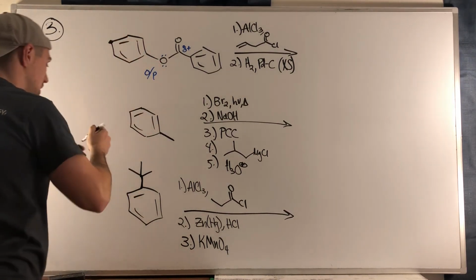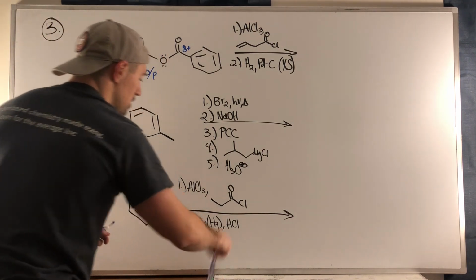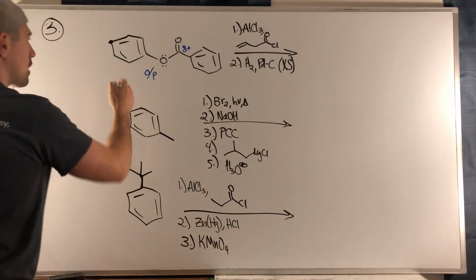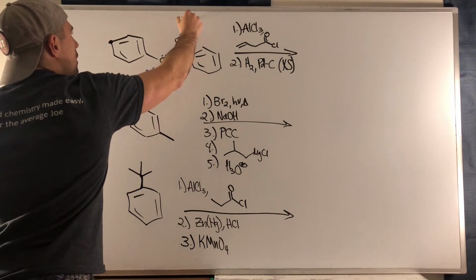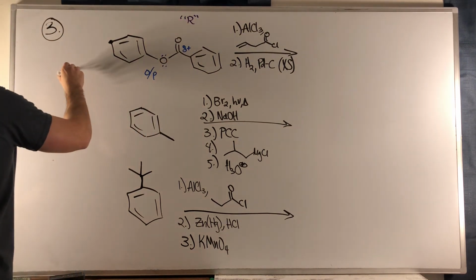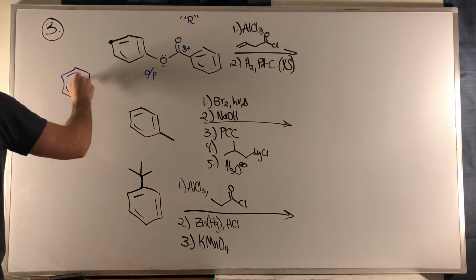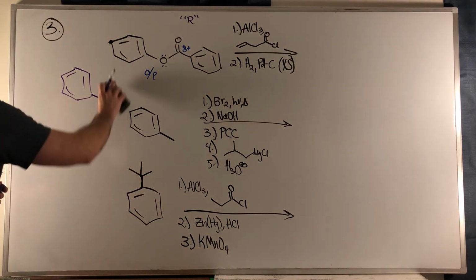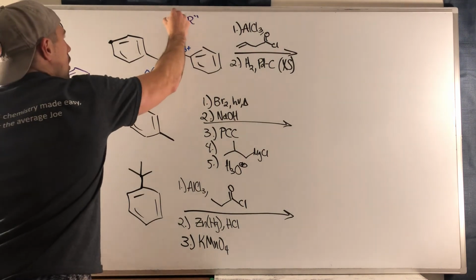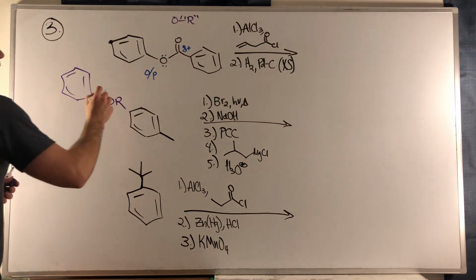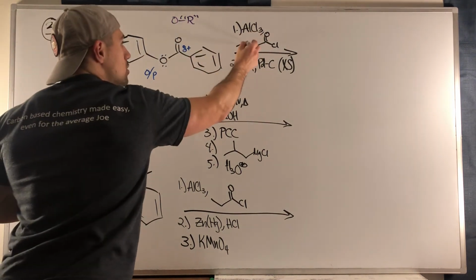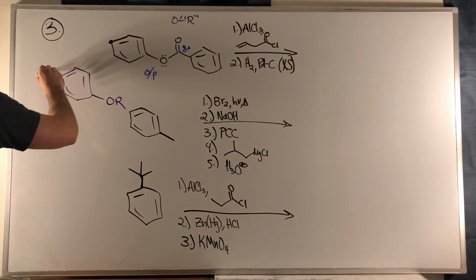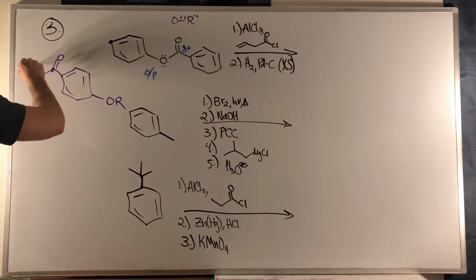So what I'm going to do is just call this R in this work over here, just because I can't afford to redraw that giant thing. So I'll call it OR. And then I have 1, 2, 3, 4 carbons, and remember, you get that carbonyl right there.